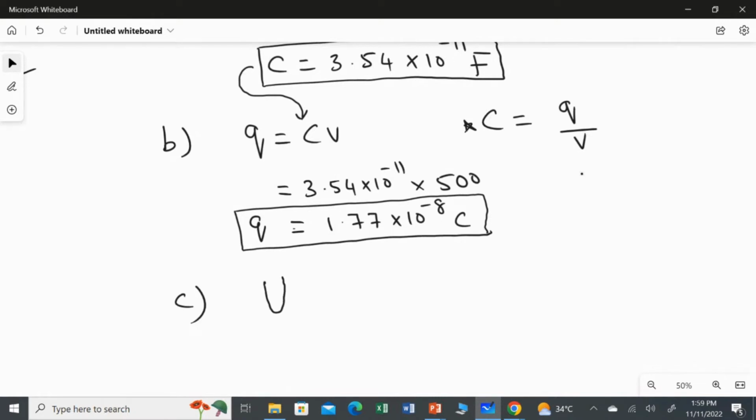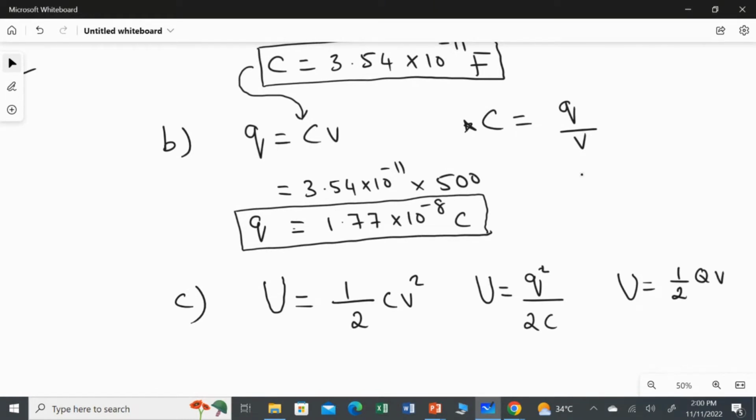The stored energy, which is U, capital U, is equal to half multiplied by CV square. And we have one more rule, U equal to Q square over 2 multiplied by C, and also we have one more rule, U equal to half multiplied by Q multiplied by V, right?